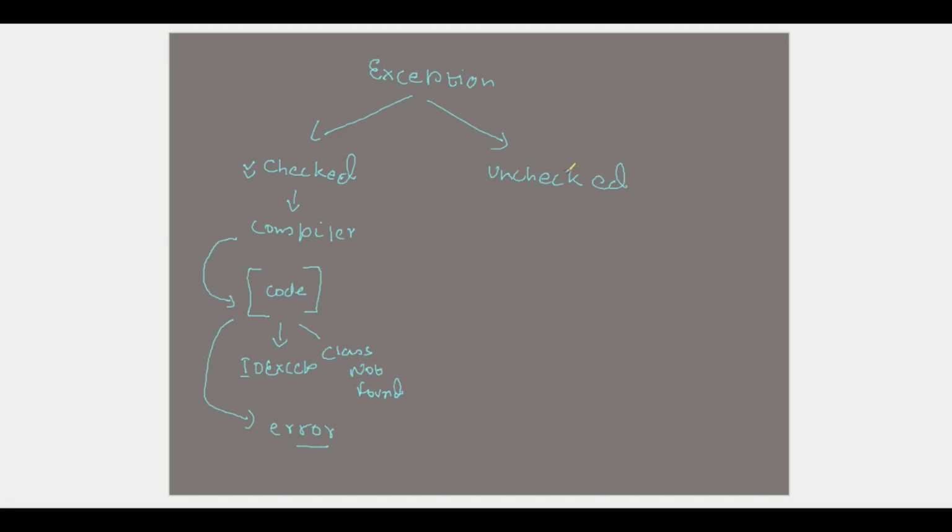Unchecked exceptions are generally runtime exceptions, and they are generally not checked by the compiler. You have come across runtime exceptions, like array out of bound and null pointer exception, and there are a lot of exceptions like that.